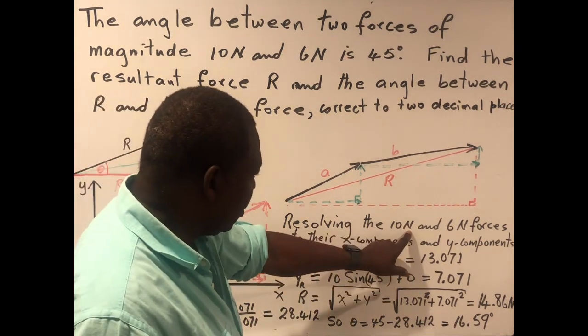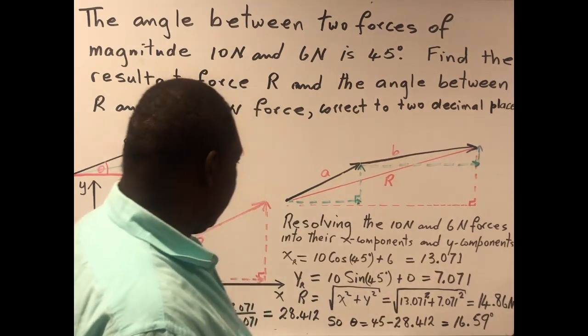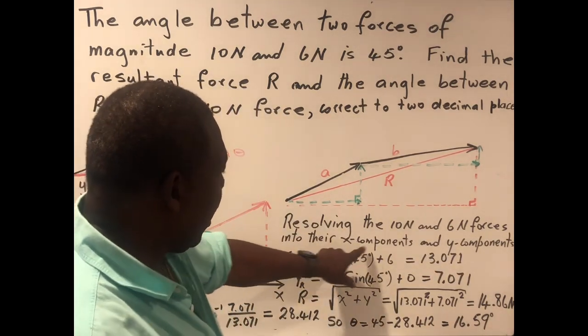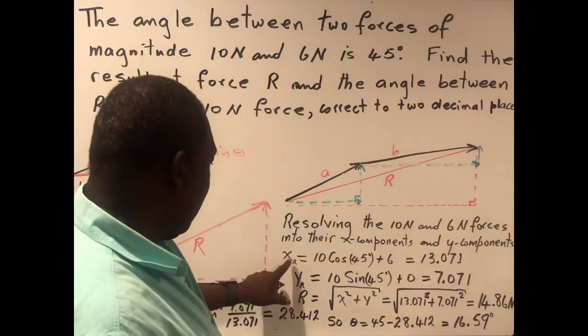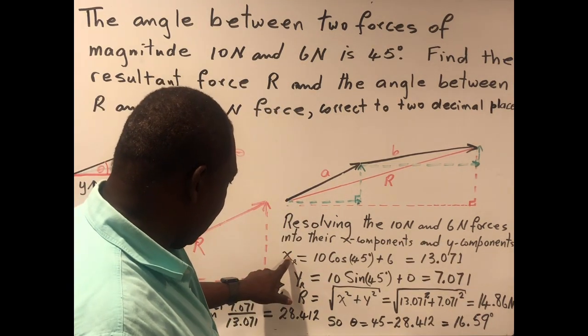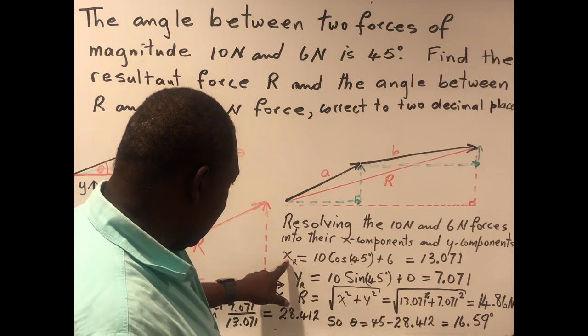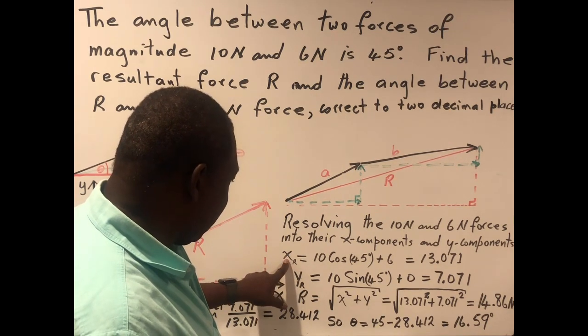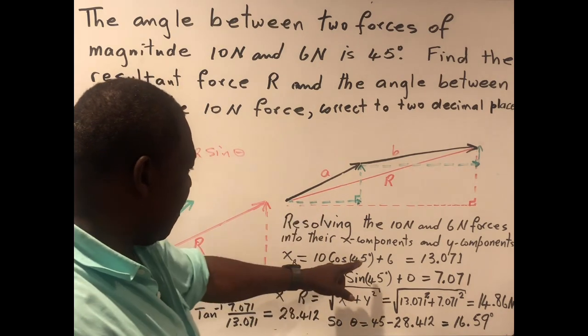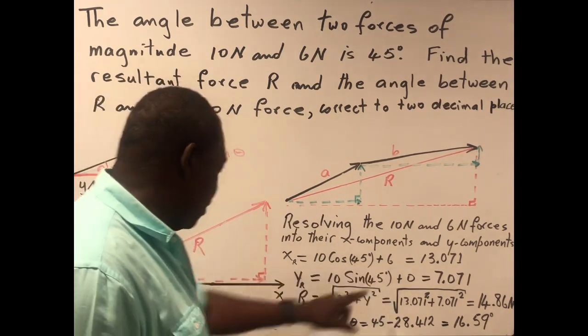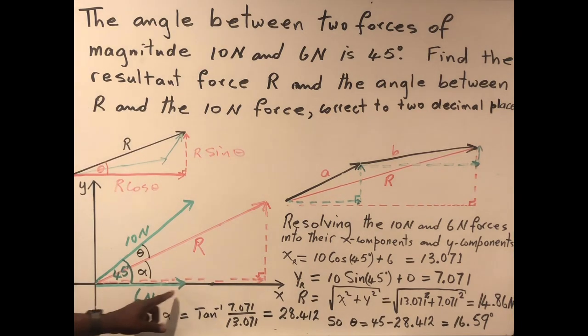So, resolving the 10 Newton force and the 6 Newton force into their x components and y components, we have the x value for the resultant vector equal to 10 times the cosine of 45 degrees plus 6. Notice that we do not have to resolve 6 into its x component since it is already in the direction of x.